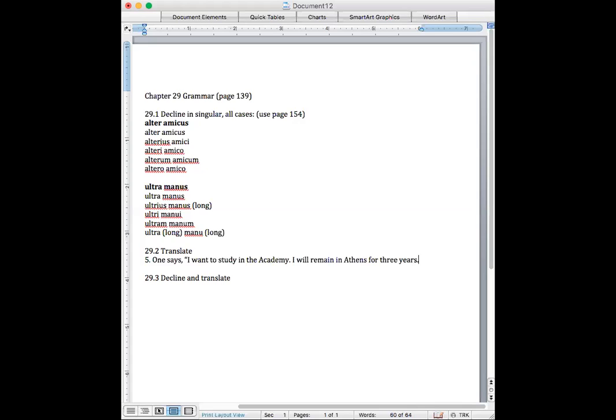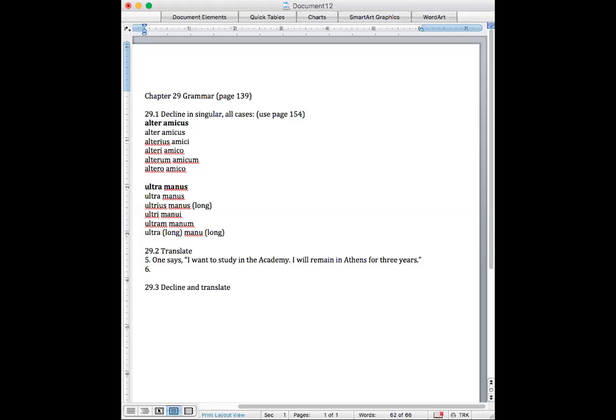So in that second sentence, you have a future, which you can tell because the verb is manebo, bo is the future, and tres annos is accusative, so you have accusative of duration of time, and then Athenis is simply going to be ablative of place where. So I will remain in Athens for 3 years. And your verbs in that first sentence were just present.